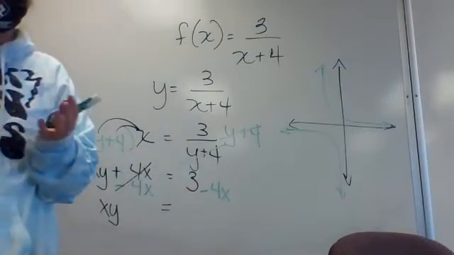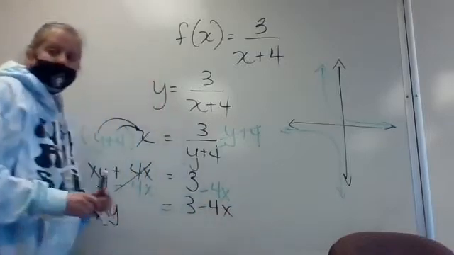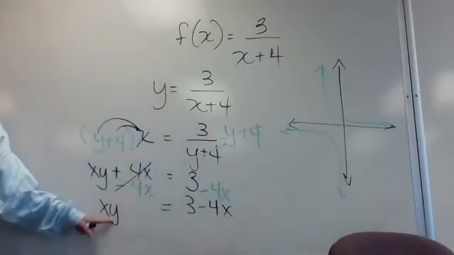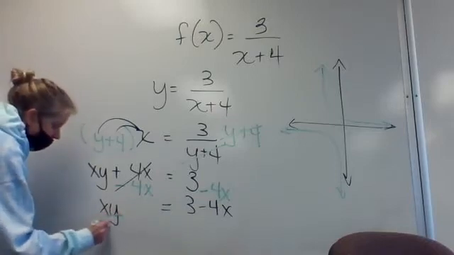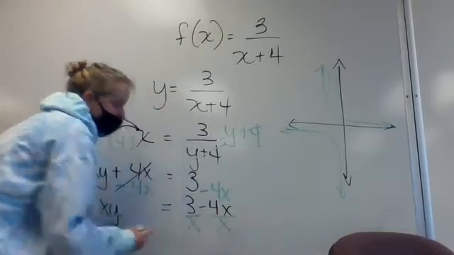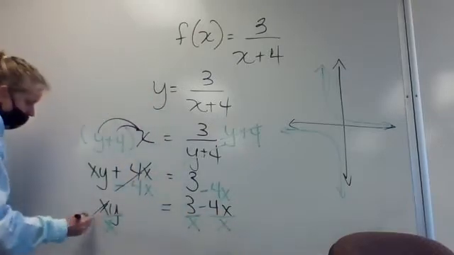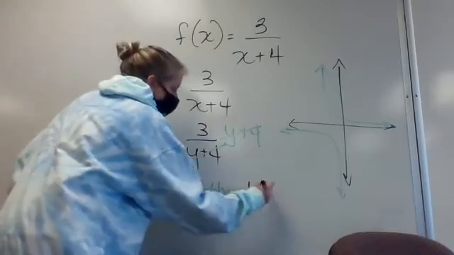You just bring them down separately since they're not like terms. So you'll have 3 minus 4x. And then what are you dividing everybody by? That x, right? To get that y by itself. So the x's cancel. So there's your y all by itself.